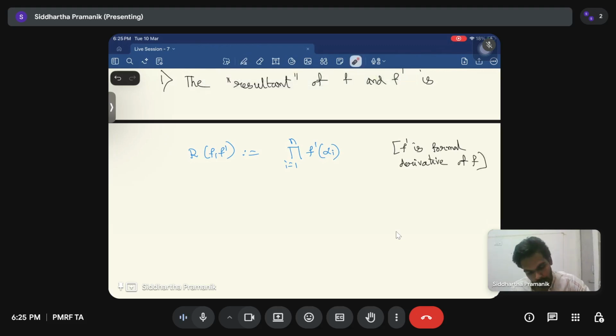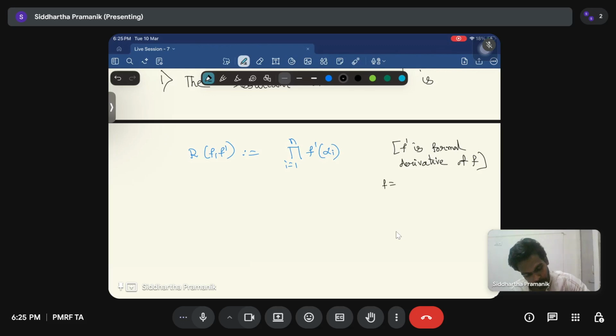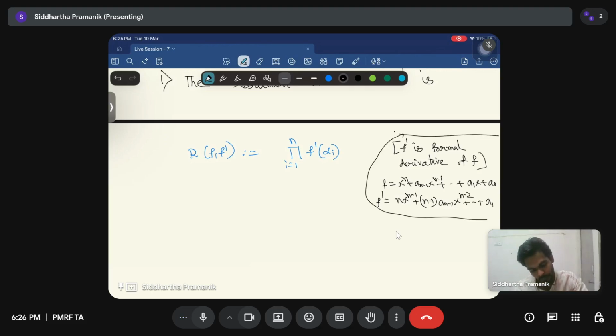We know that f equals x^n plus a_(n-1) x^(n-1) plus dot dot a1 x plus a naught. Then f dash will be n x^(n-1) plus (n-1) times a_(n-1) x^(n-2) plus dot dot a1. So just the usual derivative, it has no other meaning. So this is called the resultant.